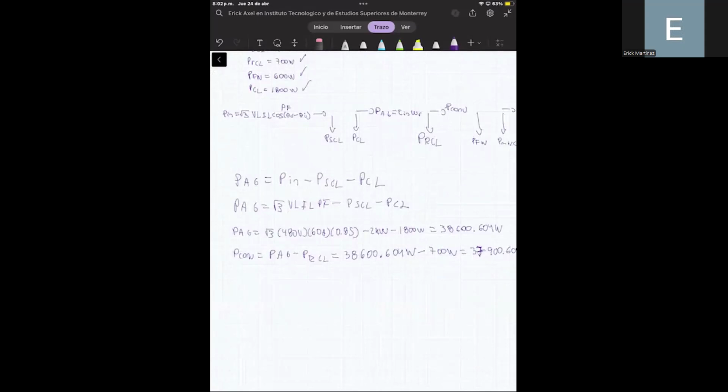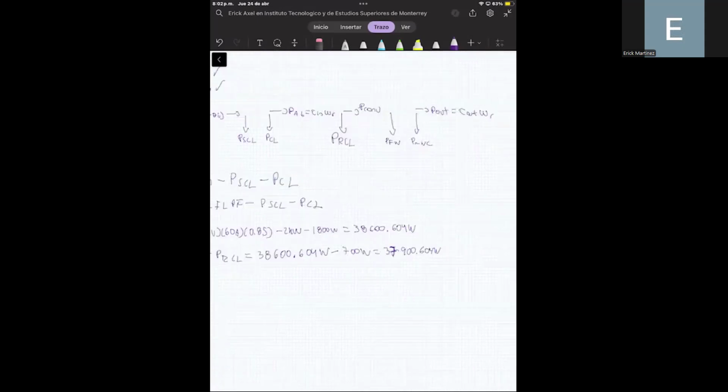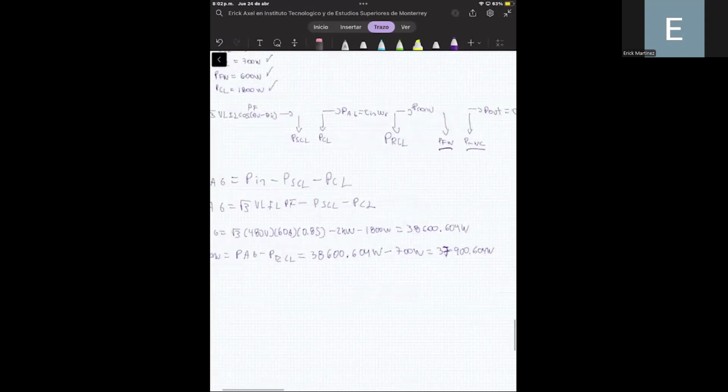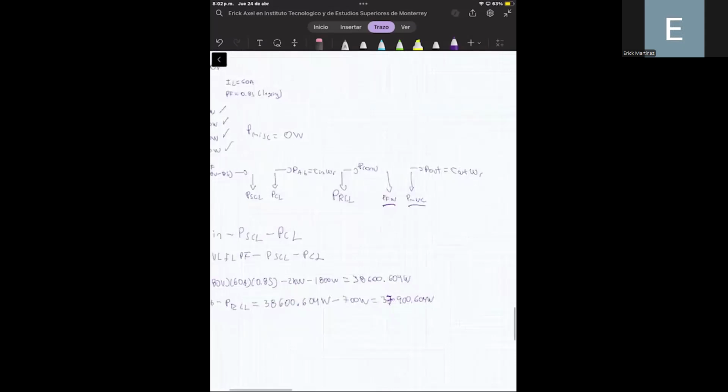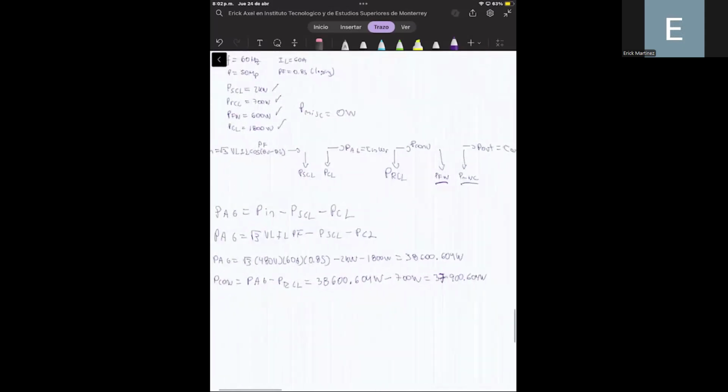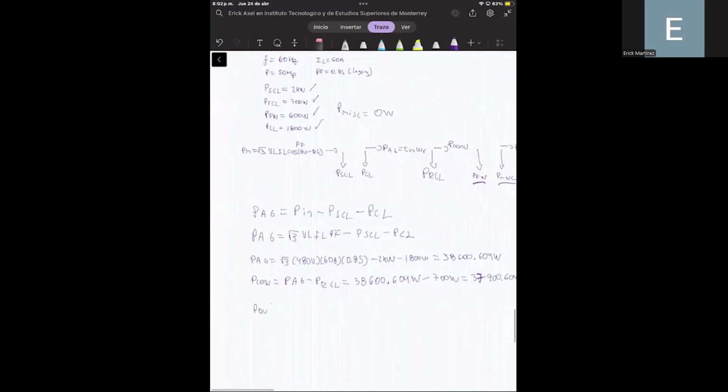The problem is also asking us to compute the output power. According to this flow diagram, the converted power has the following losses: the friction and windage losses and the miscellaneous losses. But according to the data of the problem, the miscellaneous losses are zero, or they can be eliminated from the analysis. So the output power is equal to the converted power minus the friction and windage losses.